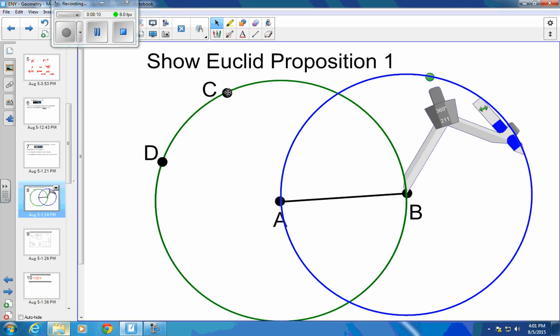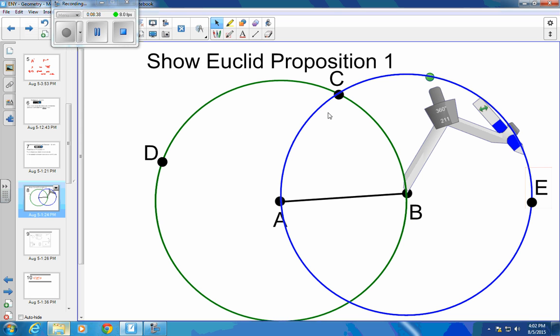I've got to put C on here also, because it said C was on the green one and C was also on the blue one. And then I need one more point, because it said that this one was ACE. So I need a point E. There we go. Now I have the blue circle ACE, and I've got the green circle BCD.